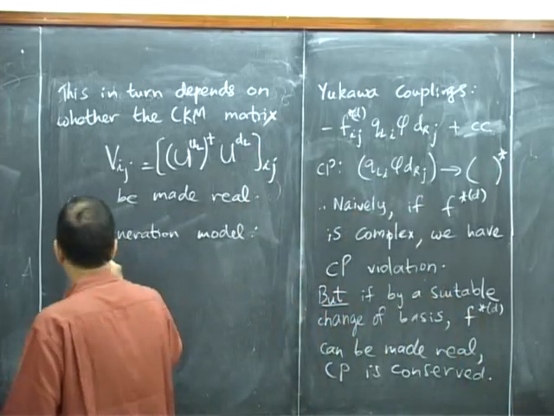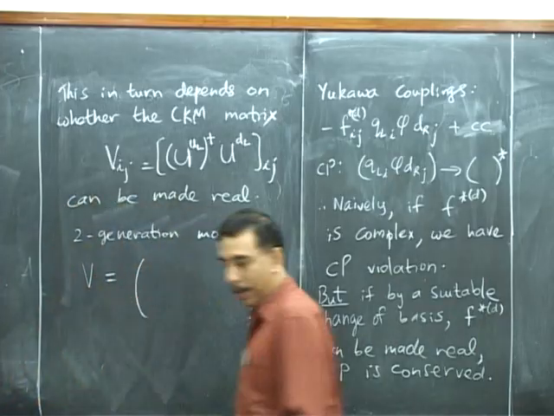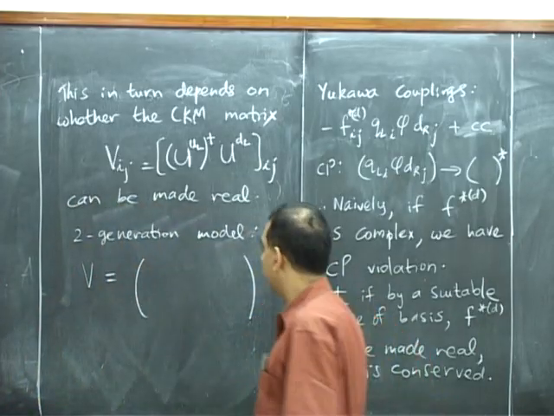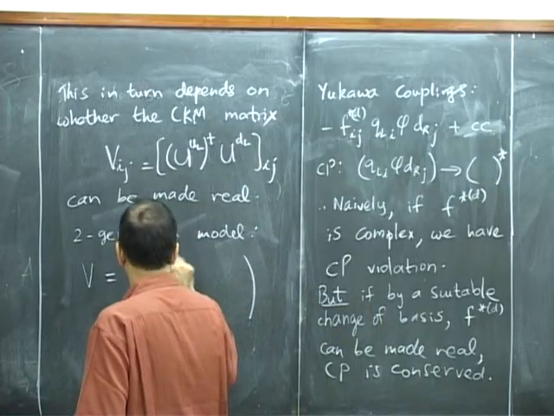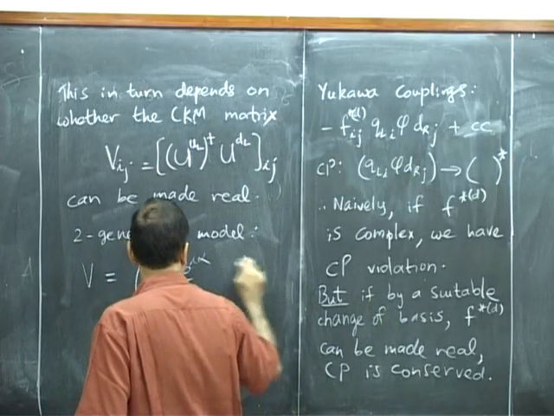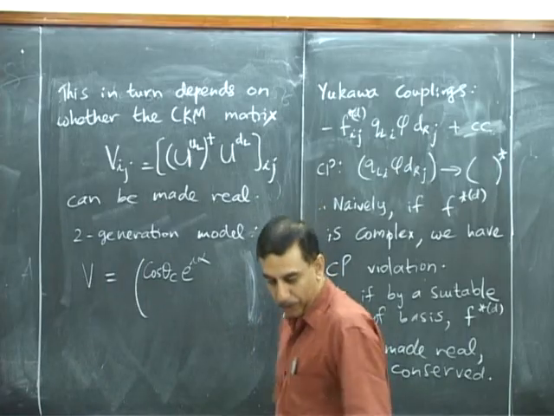So V is unitary, and there are many ways to parameterize a unitary matrix, and this is not the one that would obviously come to mind, but it's one that's very convenient for this problem.